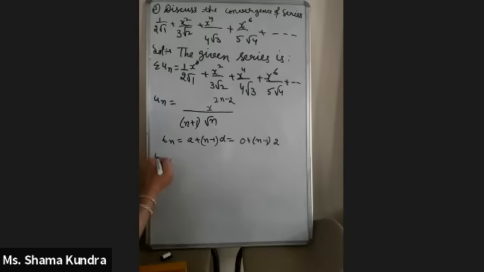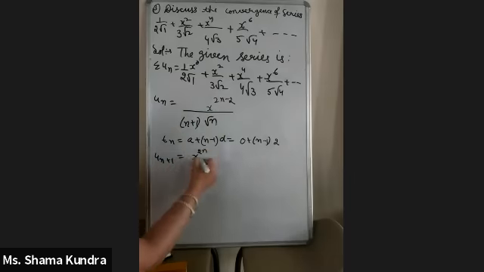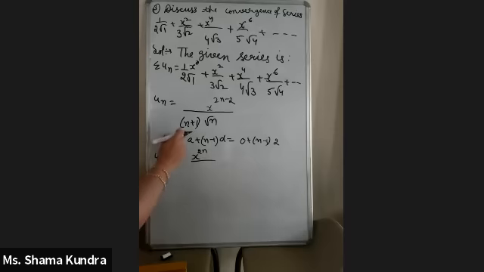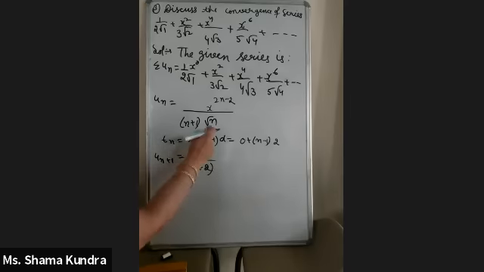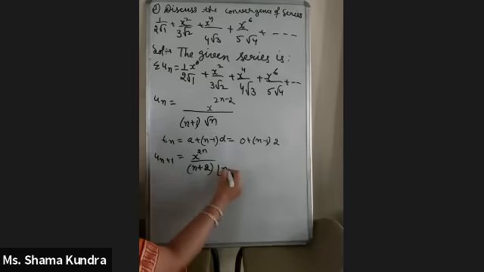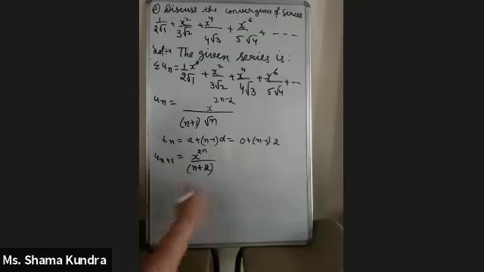We get Un plus 1, and when we add 2, we get x raised to power 2n. Here, replace n with n plus 1, n plus 1 plus 1, n plus 2. What will we get? Square root of n plus 1.